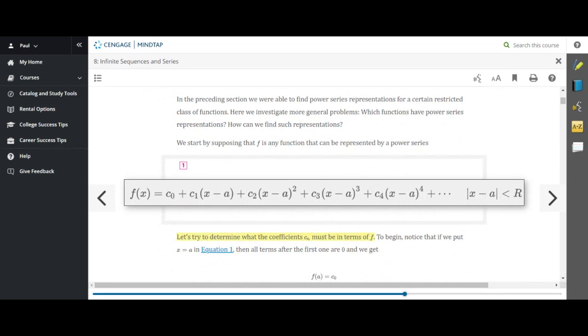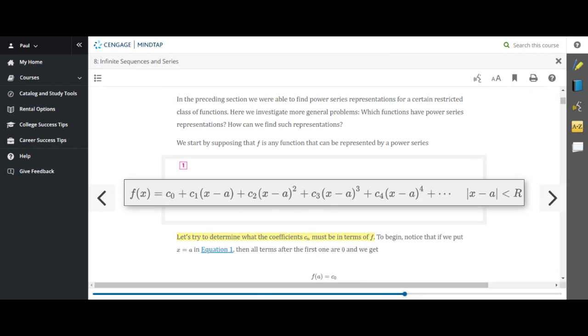So we start off saying, okay, let's suppose that a function can be represented by a power series. The power series is highlighted in gray here. So f of x equals some constant c sub 0, plus coefficient c1 times x minus a, plus c2 times x minus a squared, plus coefficient c3 times x minus a cubed, and so forth.